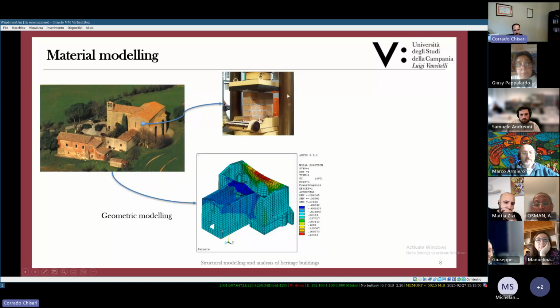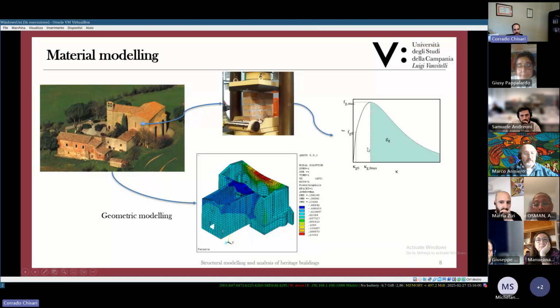And we analyze the behavior in terms of stress and strain. So we perform some tests. We get a mathematical representation of the relationship between stress and strain. And when we insert this mathematical representation into the geometric model, we have a full model.